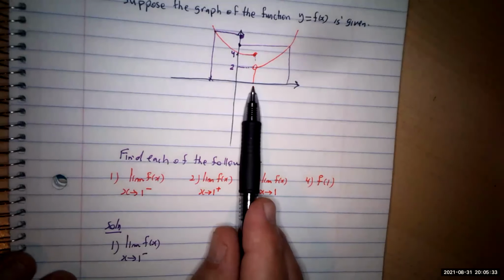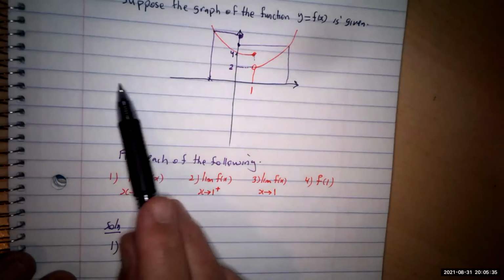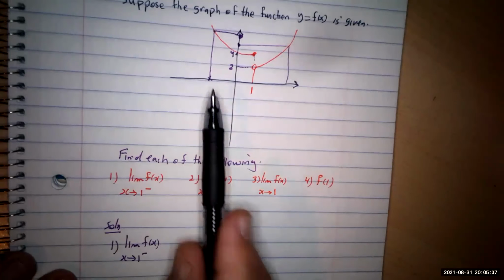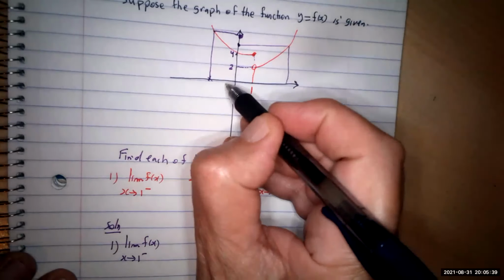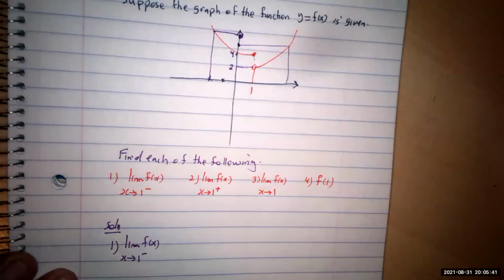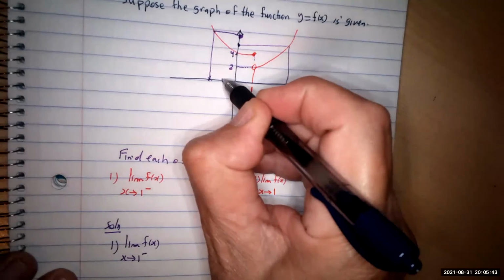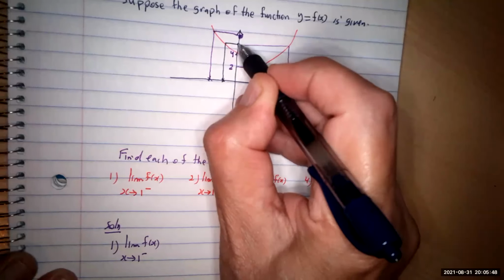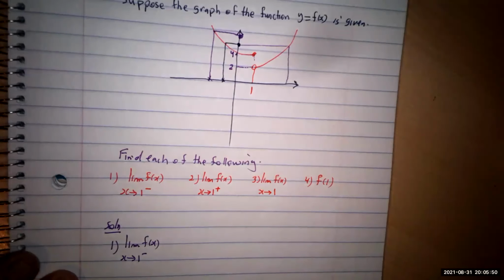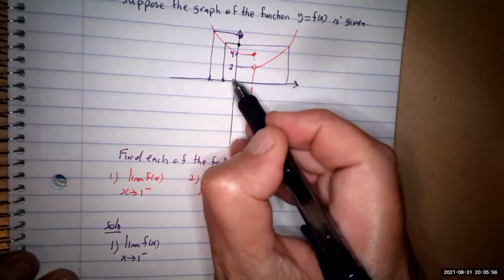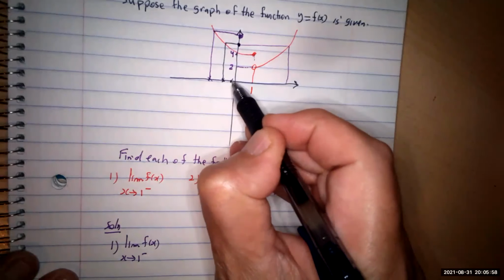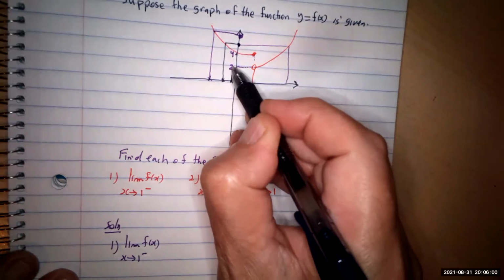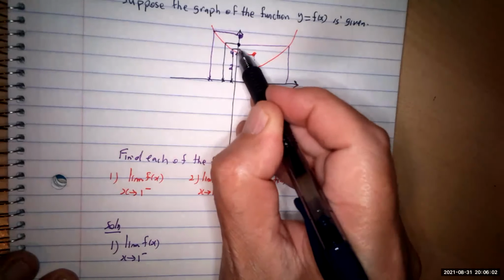Less than 1, you have to come from this direction. Any number you like. So if I pick a number here, the value of the function is going to be this number. If I pick another number closer, you have to draw the line, get the graph. So this is going to be the number.